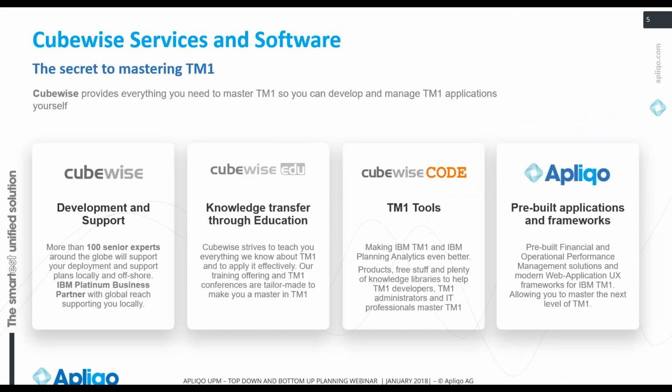First of all, some background information: Apliqo is a KPIs company, and KPIs is a consulting and software company focusing on performance management solutions, reporting and planning solutions for different kinds of companies, with an absolute focus on a technology called TM1 Planning Analytics. In this area, we offer almost the full stack to the market. We have a dedicated development and support team, and we are an IBM Platinum business partner.